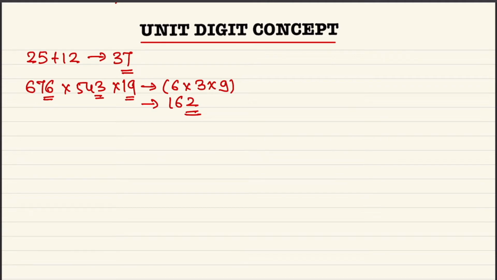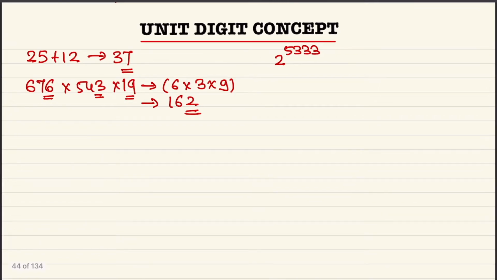But what happens when a certain number is raised to some power? Suppose I want to find 2 raised to power 5333. In such a question, there is a concept of cyclicity. Using this concept, we can find any number raised to any power easily, from 0 to 9.